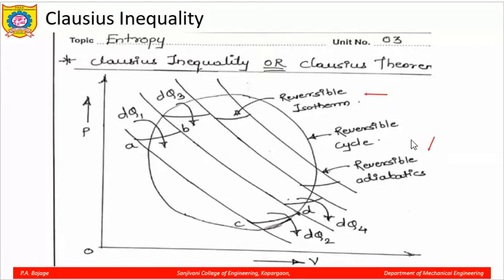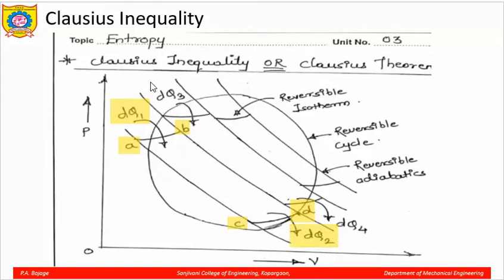heat. Now, if you analyze one cycle, for example, A, B, C and D, this makes one Carnot cycle, in which dQ1 is the heat addition and dQ2 is the heat rejection.